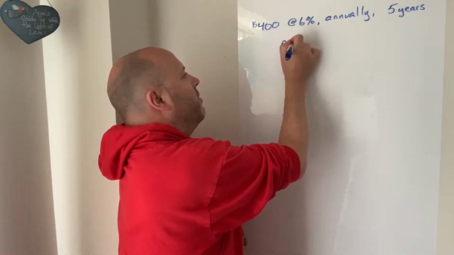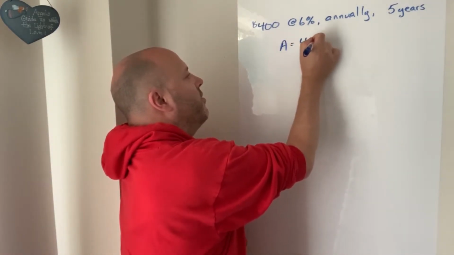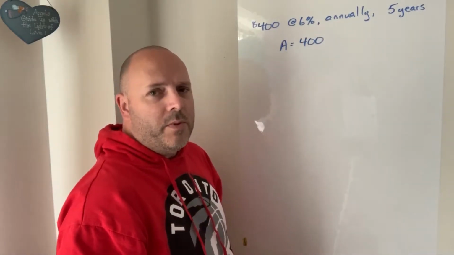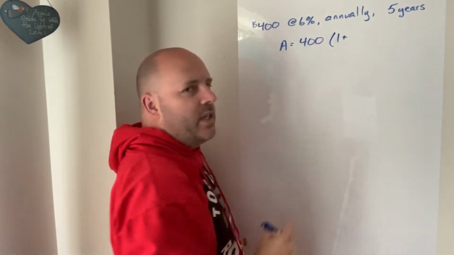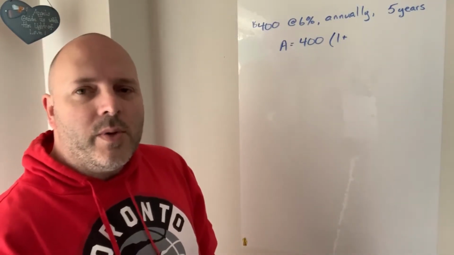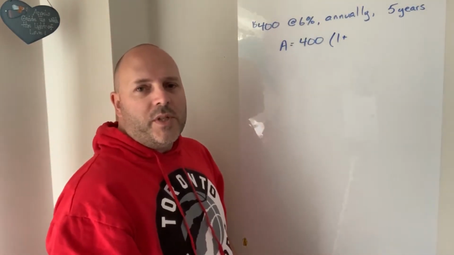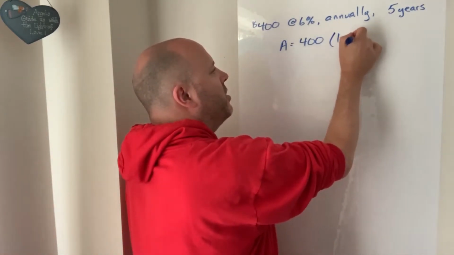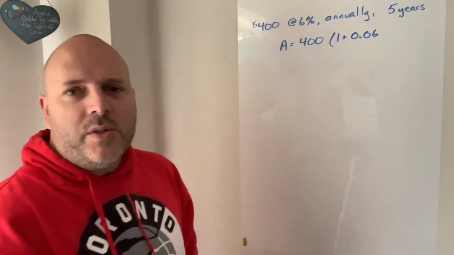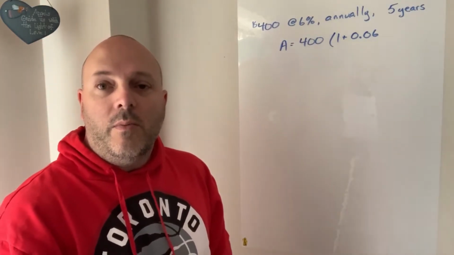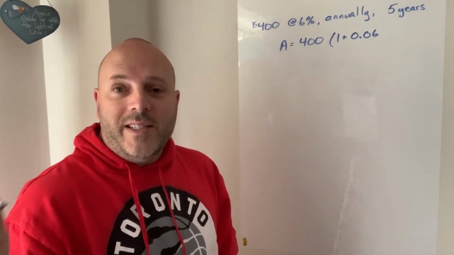The amount that it's going to be worth is the $400, the original principal, times 1 plus the interest rate. Now you want to write the interest rate as a decimal. So 6% written as a decimal is 0.06. Don't forget the extra 0 there. A lot of people will often write 0.6.